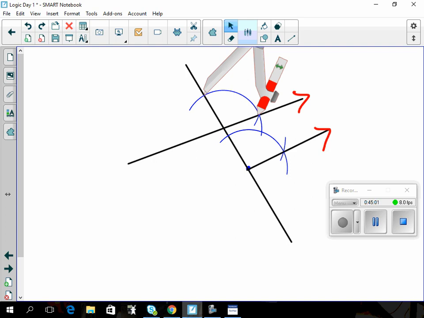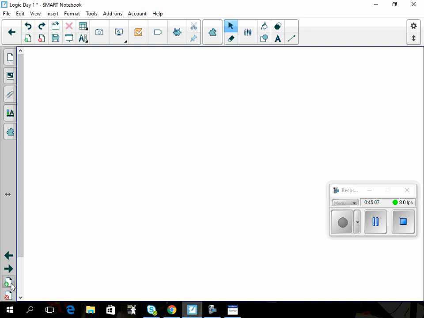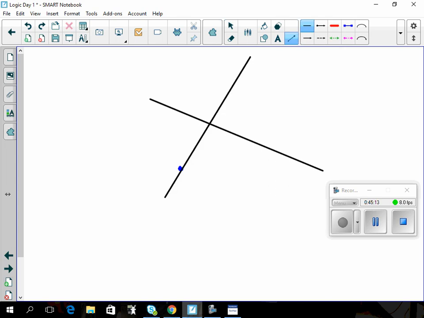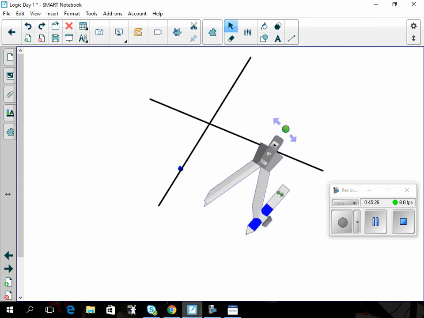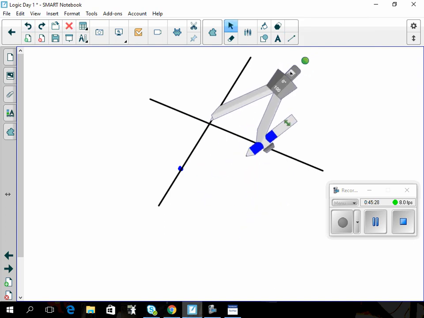I'm going to do it one more time. So if you are confused, watch one more time for me so you can see. Line, point. I draw the transversal. I take my compass. Oops. Take my compass, and I open it. And I make an arc across there.